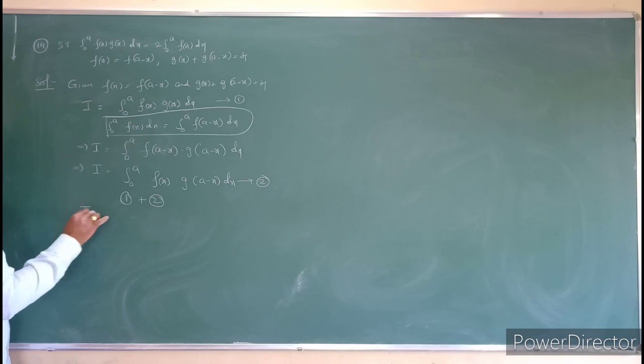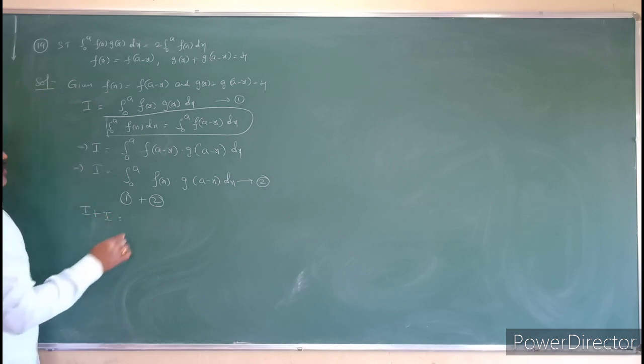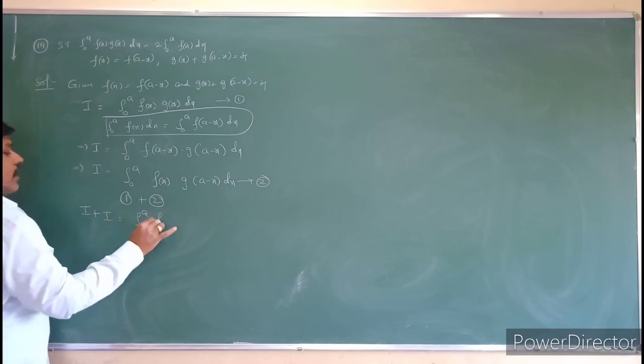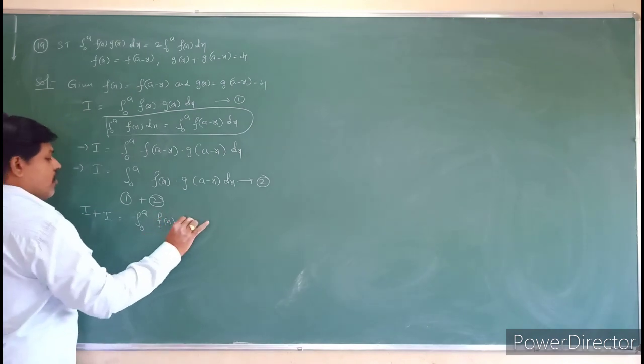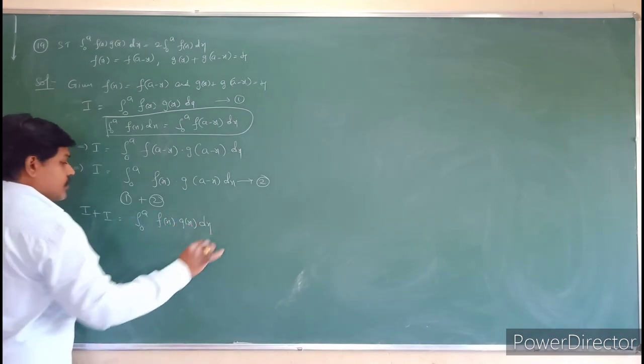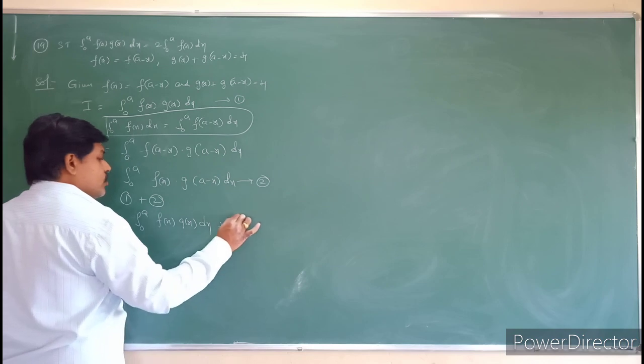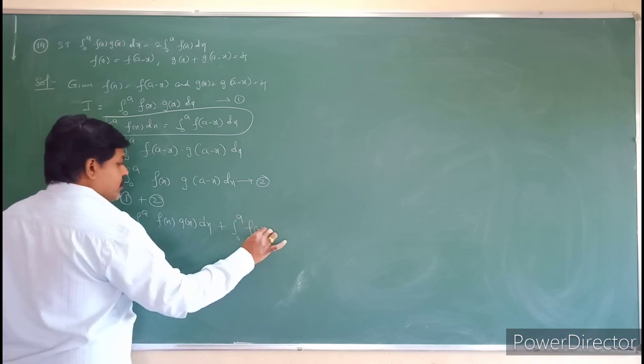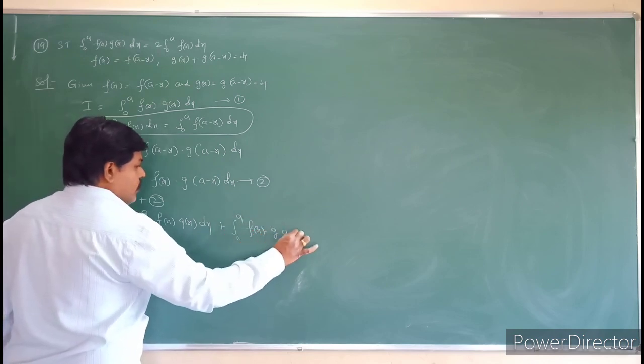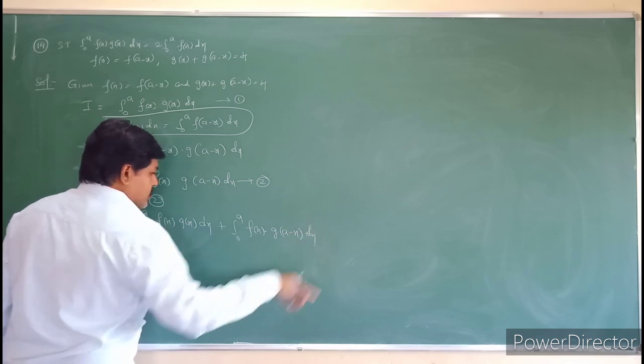I plus I is equal to the integral from 0 to a of f(x) g(x) dx plus the integral from 0 to a of f(x) g(a − x) dx.